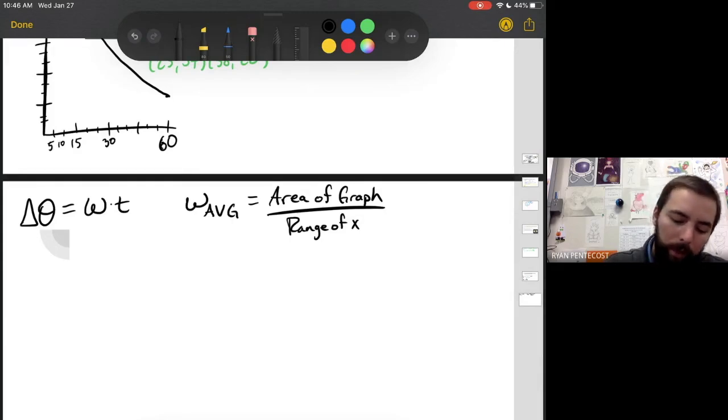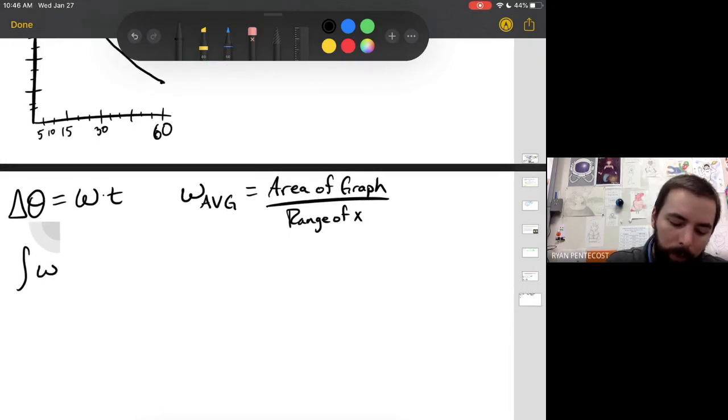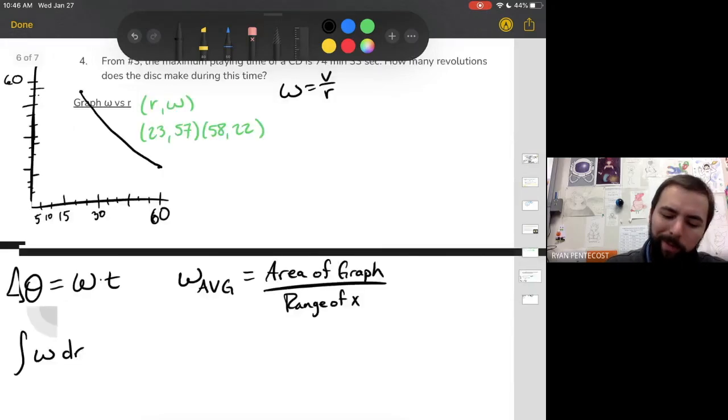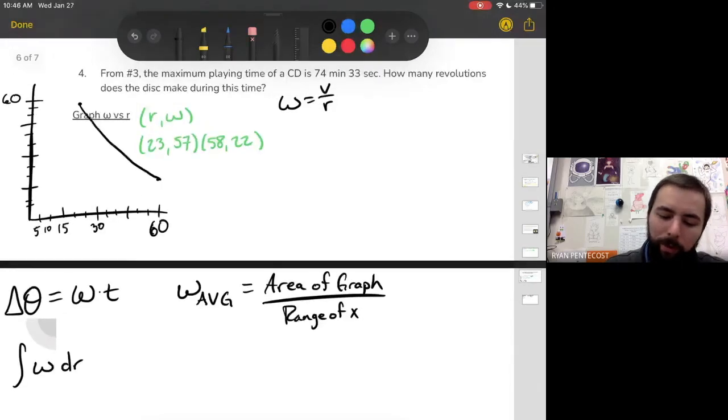So if we want to do that, okay, the area of the graph is going to be the integral of omega with respect to the radius, right? Because it's a r versus omega graph. And then the range of x, that's just 58 minus 23. Oh, wow, if you notice that, they're almost completely flip-flopped.